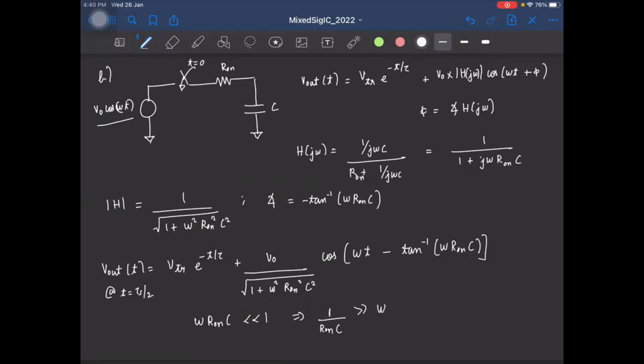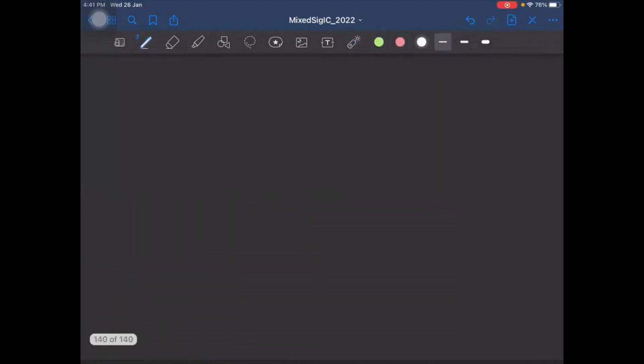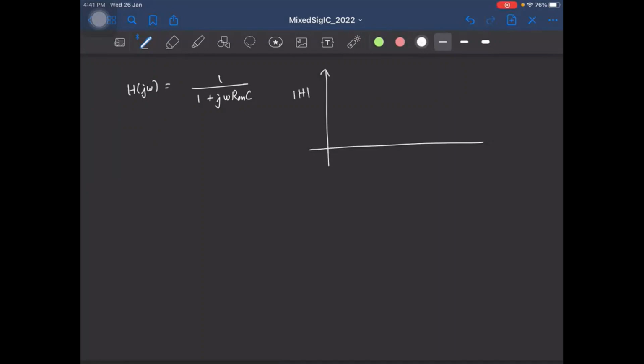So now if you look at the Bode plot of this h of j omega, how will it look like? It is a first order system, right? And it has a pole at 1 by r on c. So it will look something like this. So let me write h of j omega also. It's 1 by 1 plus j omega r on c. So if you plot the magnitude response using the Bode plot, this is mod h.